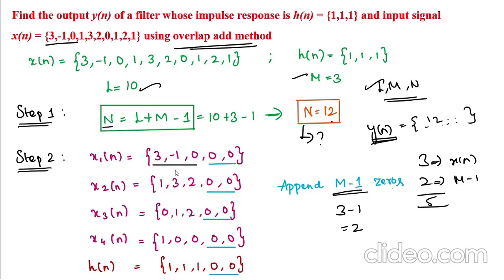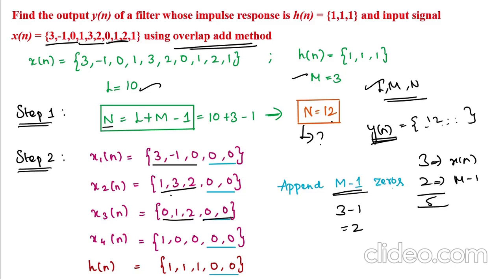Initially I have taken 3 minus 1 0 and appended 2 zeros since it is m minus 1. Next I will consider these 3 terms 1, 3, 2. So this 1, 3, 2 will be placed here. With that I will append 2 zeros, that is m minus 1. Next 0, 1, 2 is the next 3 terms. I have taken the 0, 1, 2 here and appended 2 zeros.